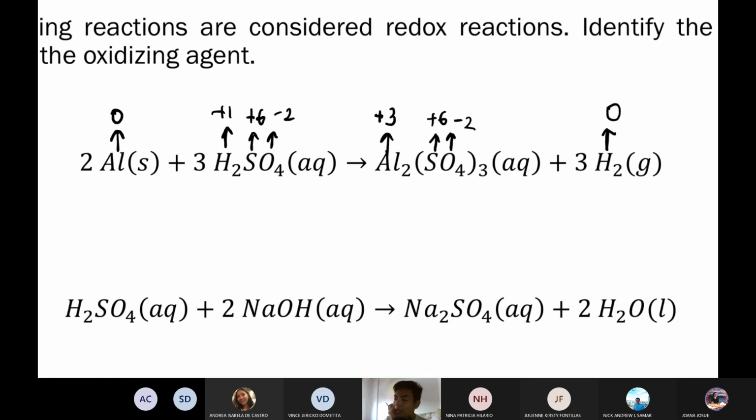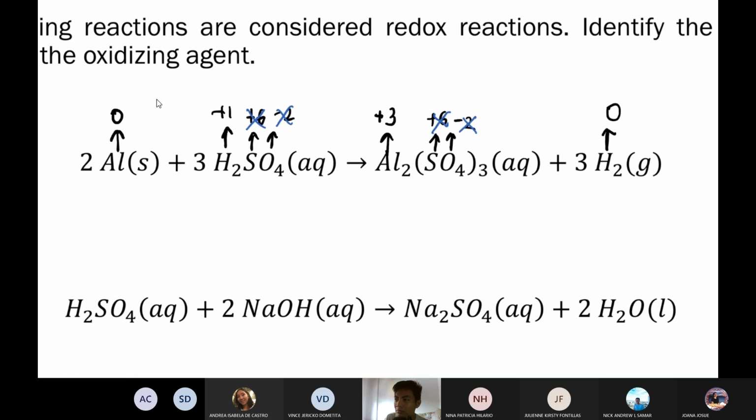So, tignan natin yung mga elements na nagbabago yung oxidation number. Yung sulfur, hindi nagbabago. 6 siya dito, 6 pa rin sa kabila. So, wag kalimutan na natin siya. Same as with oxygen. Yung oxygen, negative 2 doon, negative 2 doon. Wala nagbabago. So, sino yung mga nagbabago? Ang oxidation number.